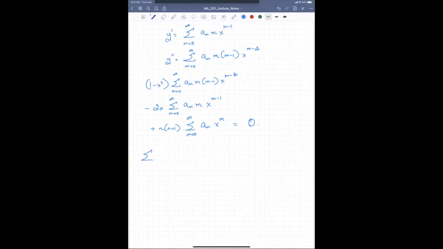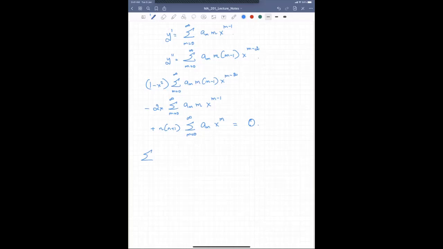Now I want to massage this equation into something that looks like something times x to some power equals 0. Look at the second term, third term, and fourth term. They're already in the form that I want: something times x to the m equals 0. The first term is the offending term, but not really. It has something times x to the m minus 2.